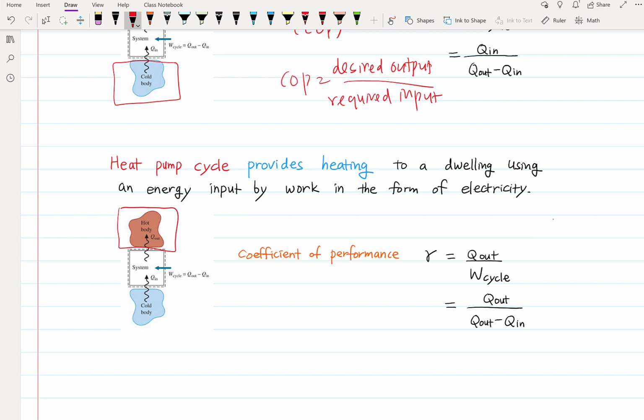So the desired output is Q out, and work needs to be done to move the heat from low temperature to high temperature. So the coefficient of performance is Q out over W cycle. We will learn about thermodynamic cycles more in depth later in the semester. So this concludes chapter 2.